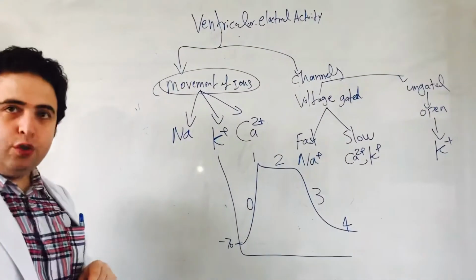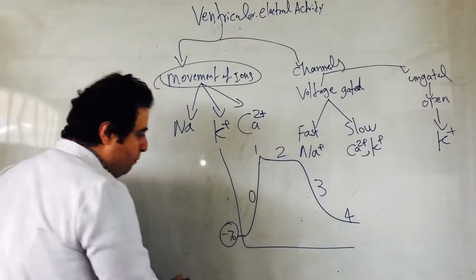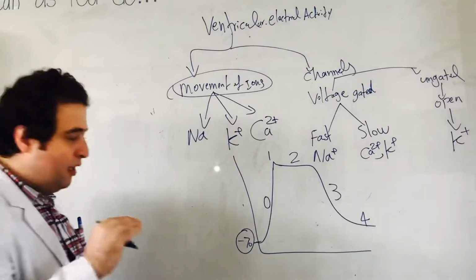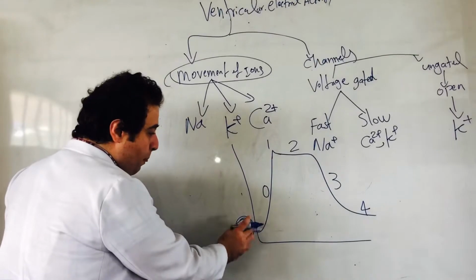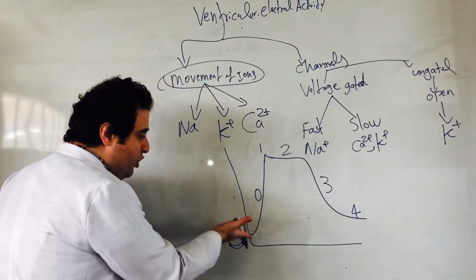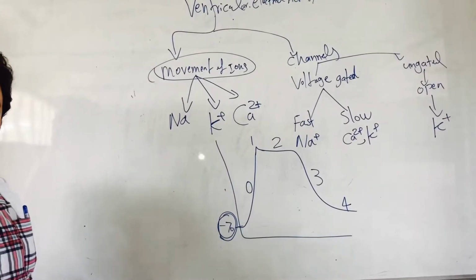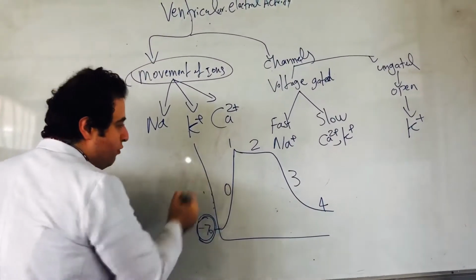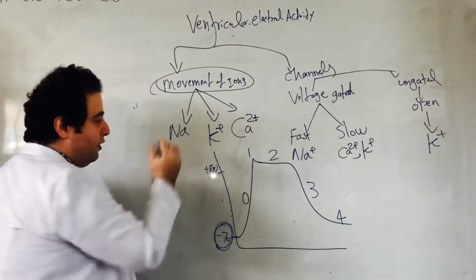In phase 0, the starting resting membrane potential, as you see, is negative 90. The generation of the action potential will happen at negative 70. So from negative 70 we are going to positive, right? It will be something like positive, let's say 50.